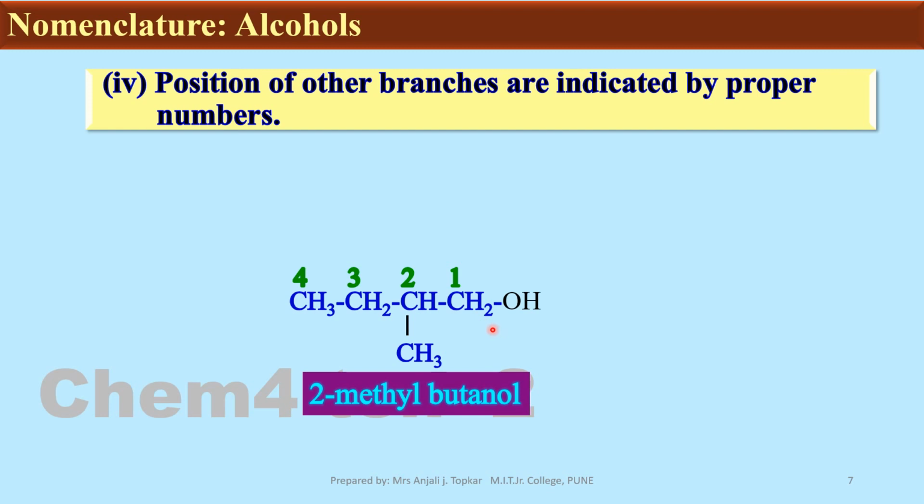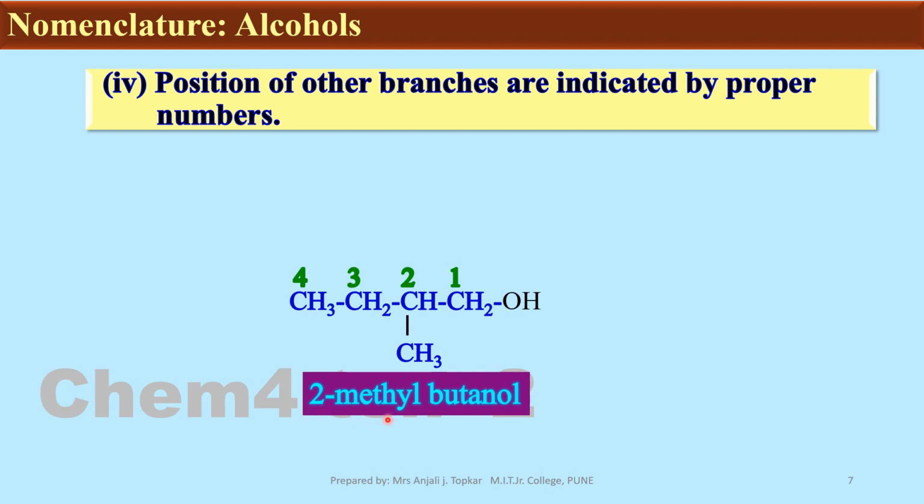E of butane is to be removed and it is to be replaced by OL. So it is butanol. To the second carbon atom, we find the substituent attached is methyl group. So we have to write down the position, that is 2, because to the second carbon atom methyl group is attached.